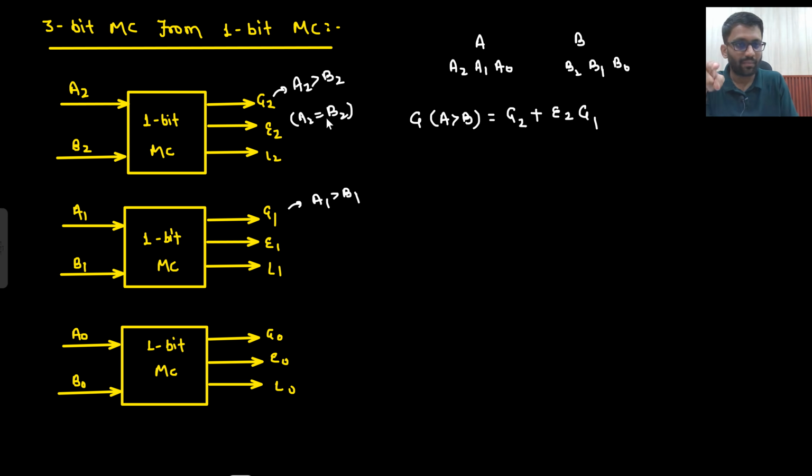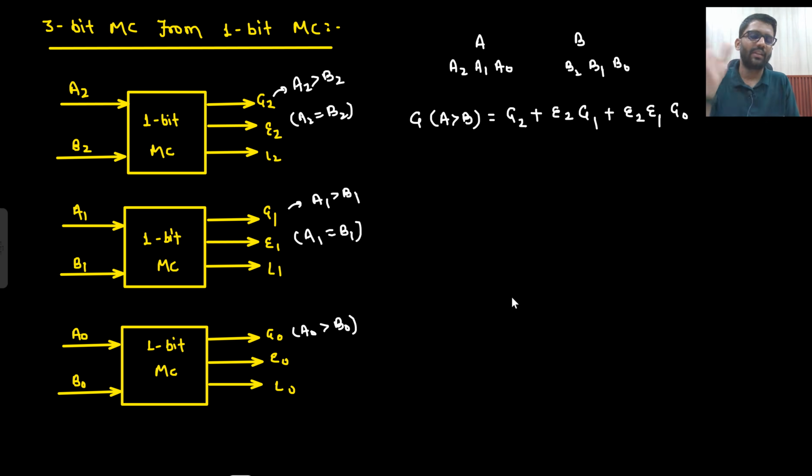The first bit is equal, but the second one is greater. Into G1. If the MSB and the next bit are also equal, then A naught should be greater than B naught. So this is the condition of greater.